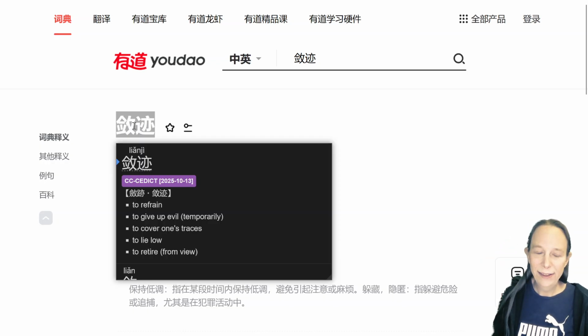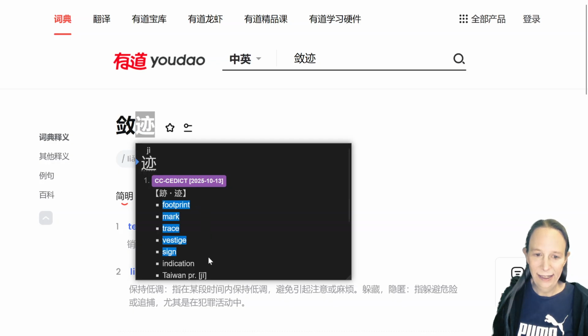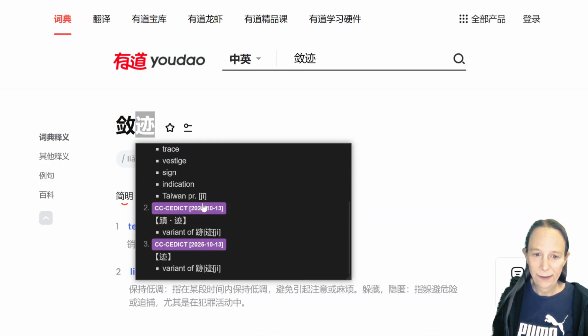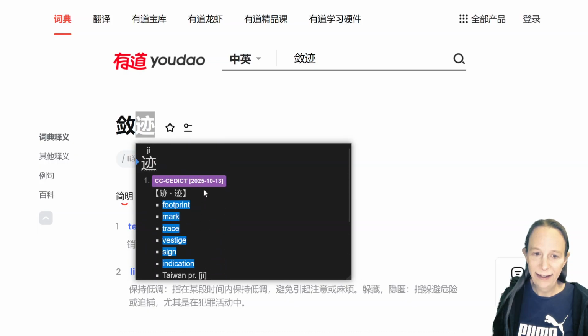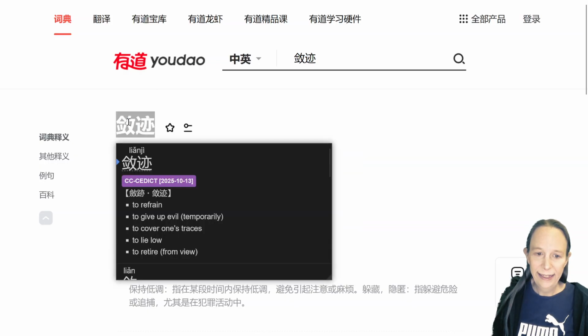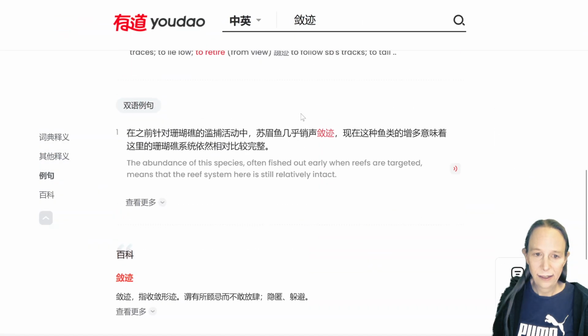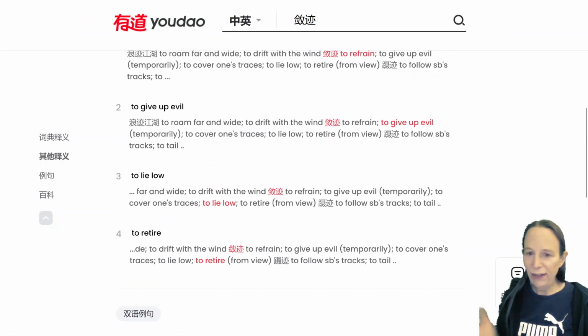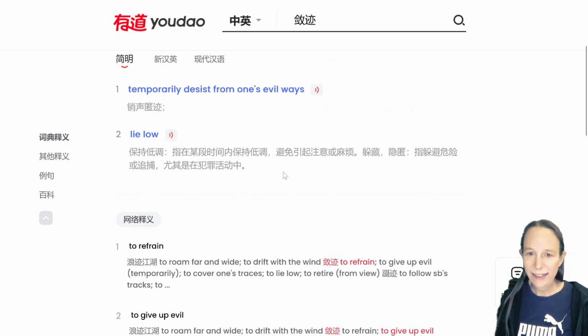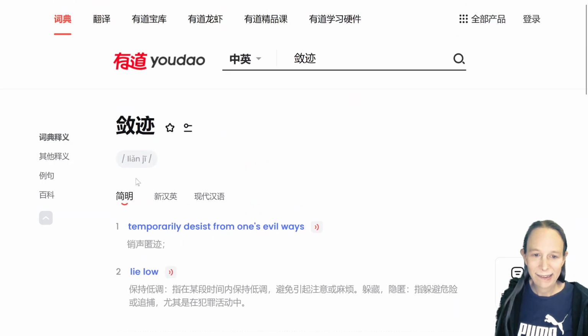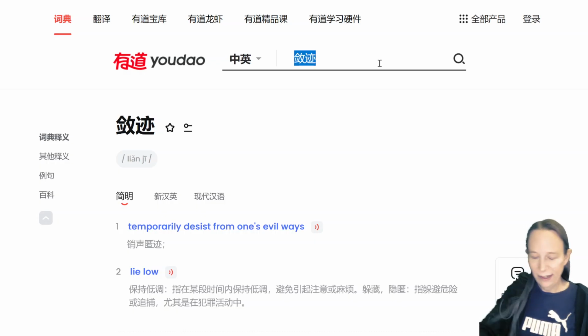Usually means trace or this sort of thing. I don't understand its relevance here. 连记. That's kind of like retract traces of evil in this case. Wow, all right. And so I feel like those first 2 definitions I don't care about.